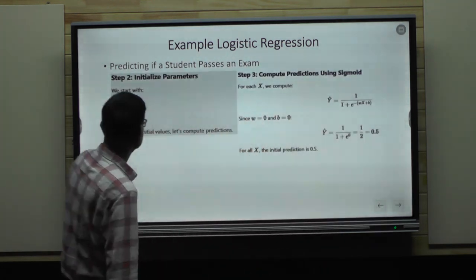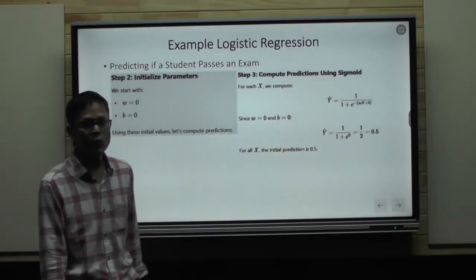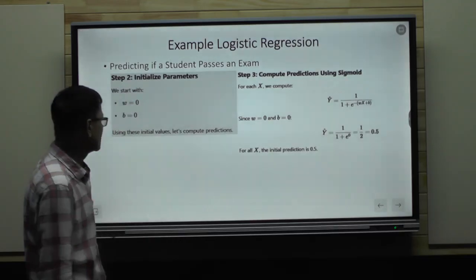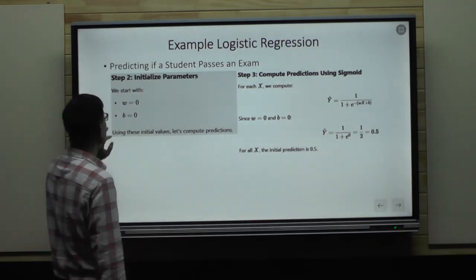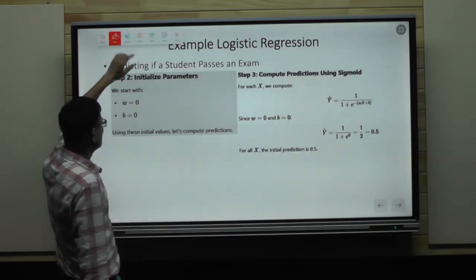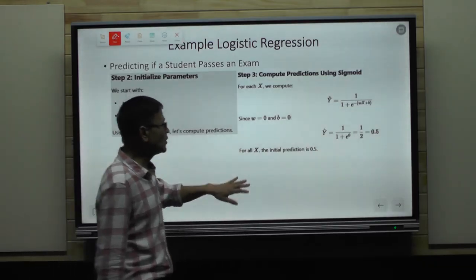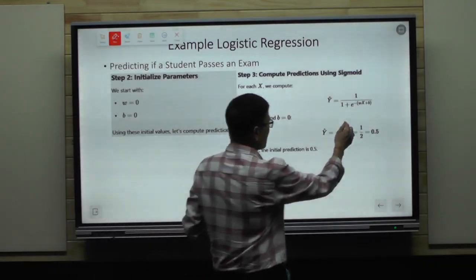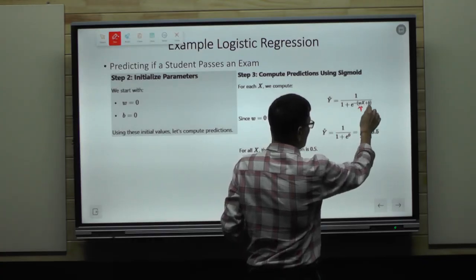So we have initial parameters, because at the beginning we don't know the weights, so we start with w equals 0 and b equals 0. Now at step 3, we substitute the values from the data set with w and b.